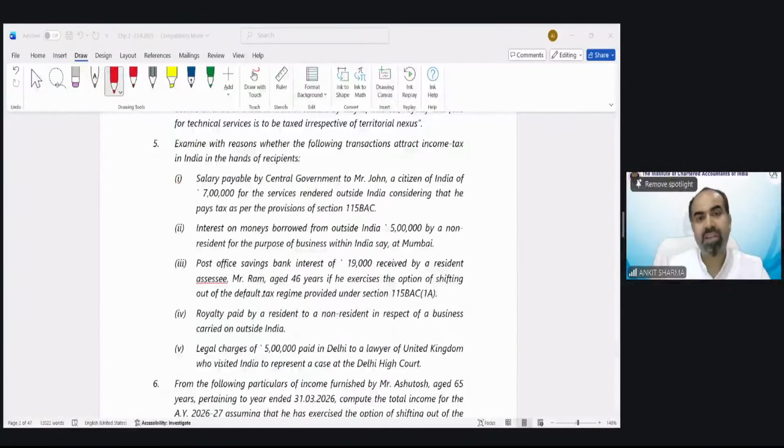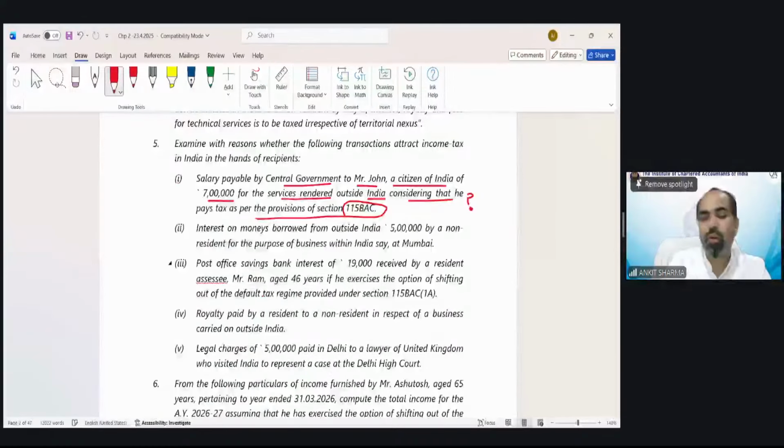Salary payable by the Central Government to Mr. John, a citizen of India, of 7 lakh for services rendered outside India, considering that he paid tax under the provision of section 115BAC. So is that 7 lakh rupees going to be income deemed to arise in India in the hands of Mr. John? Is it taxable or not? Who will give the answer and why?